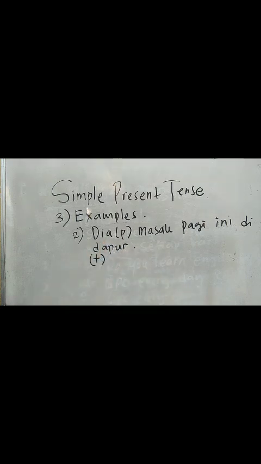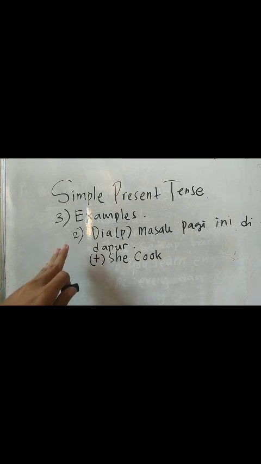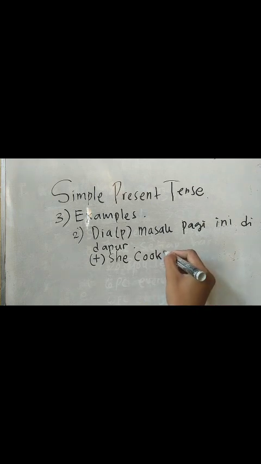Dia perempuan is she. Memasak is cook. Because we know that the formula for the simple present tense for I, you, we, they subjects and the she, he, it subjects are different, for the she, he, it subjects we have to put the particle s at the end of verb 1.